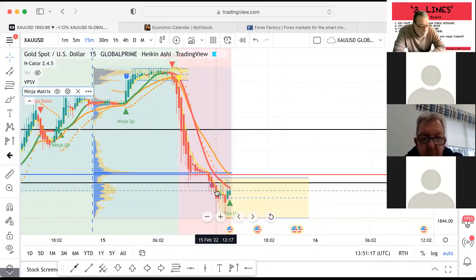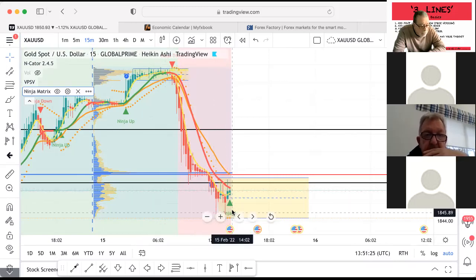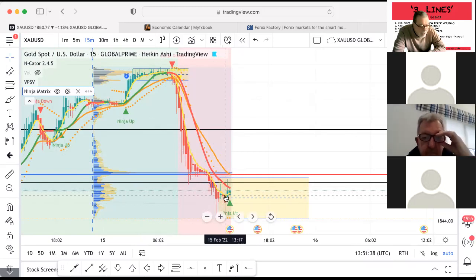It's closing now. It's starting to move up. In fact, we've got a ninja up. We're on Heikin-Ashi candles, so the ninja up is showing. If it continues and goes up, we'll probably get a ninja matrix up. What we need to do is wait until the 5 MA gets above the 13 MA.